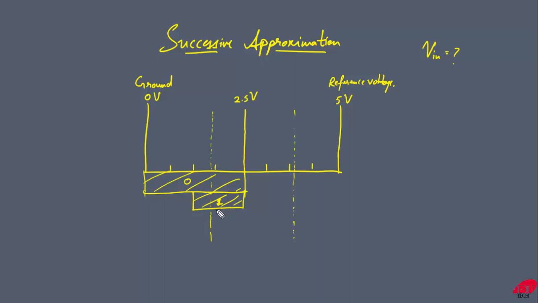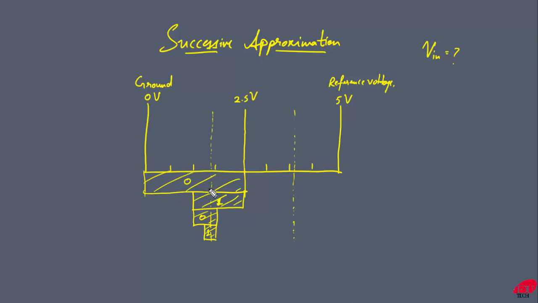Now let us again successively approximate this area. Is it less than or greater than? It is less, so let us give it a value 0. Now again successively approximate this area. Is it less than or greater than? It is greater than half of this area, so let us give it the value 1.